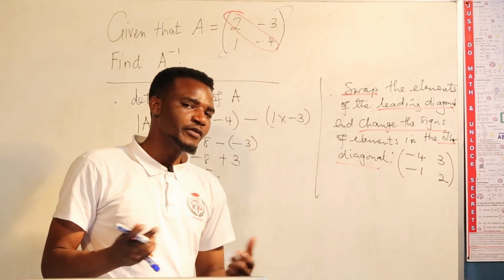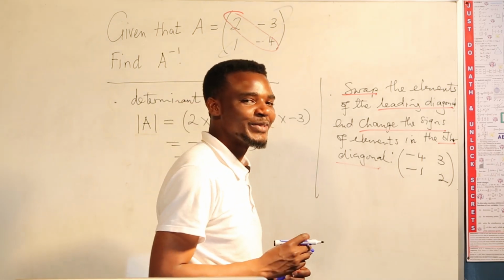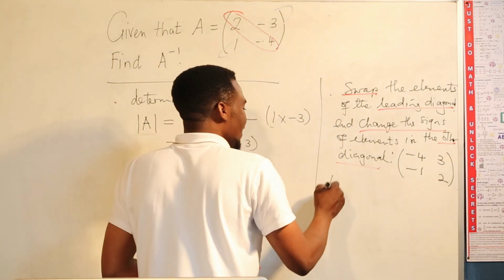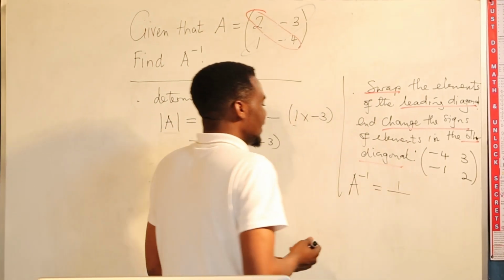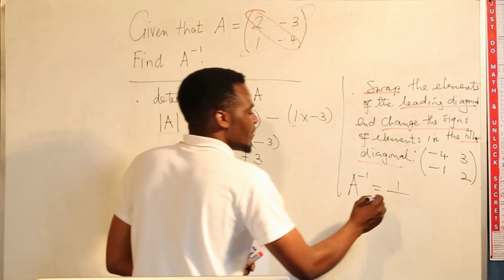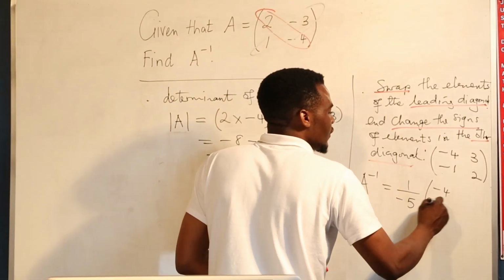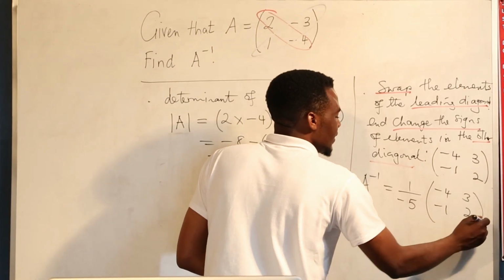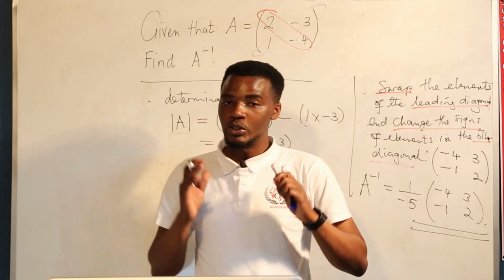What do we have to do next? We need to write down the solution. We say the inverse of A is equivalent to 1 over the determinant that we have calculated, which is -5, open brackets, we write down this matrix: -4, -1, 3, and 2. And this one is our final solution.